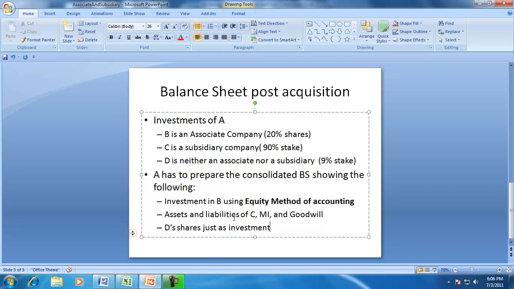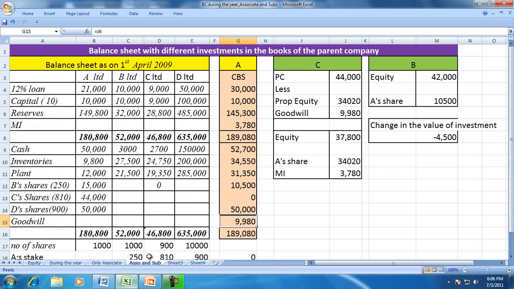The assets and liabilities of C will be consolidated. As a result, there will be minority interest and goodwill, and D's share will be just shown as an investment. So this exercise summarizes the treatment of investment in a subsidiary, investment in an associate, and investment in another company which is neither an associate nor a subsidiary.